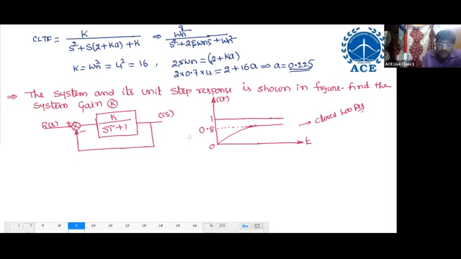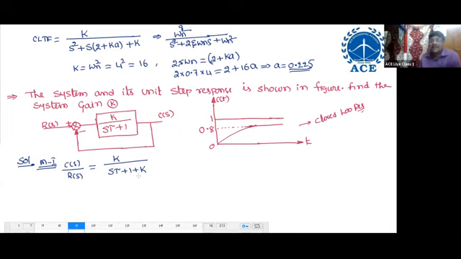So what is the closed loop transfer function? Method 1. C of S by R of S equals K by S tau plus 1 plus K. K by S tau plus 1, the numerator term is added.